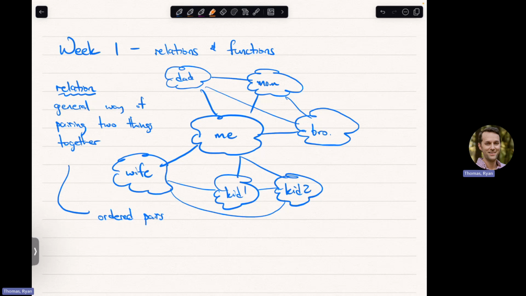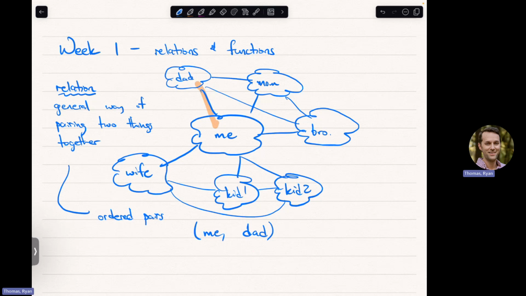So I could represent one of these relationships, maybe this one, as an ordered pair by saying me and dad are related to each other. There's not really any particular reason I chose this order rather than that one. I could have done it the other way around too.